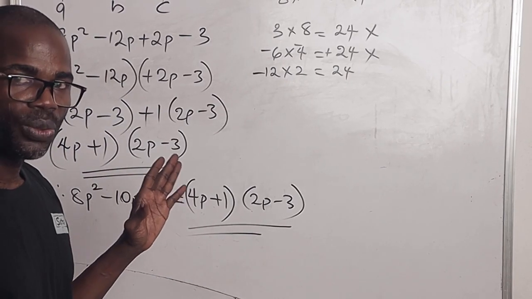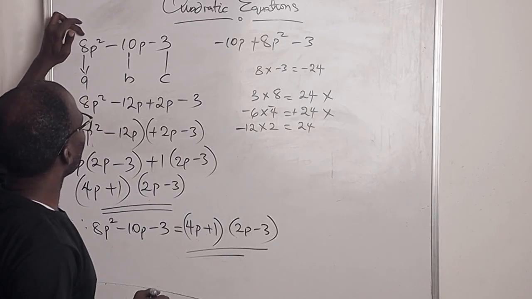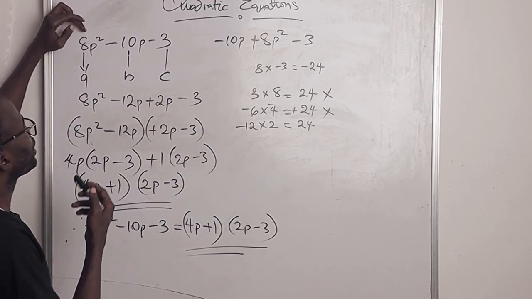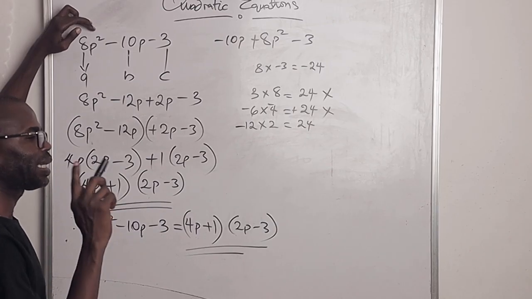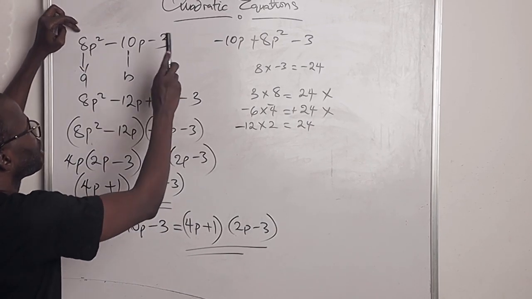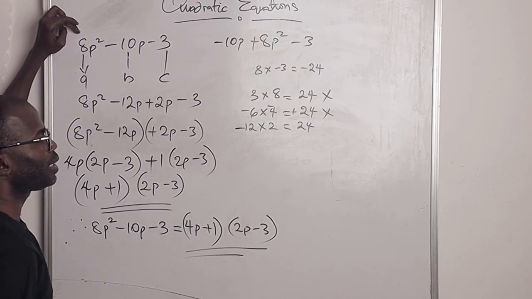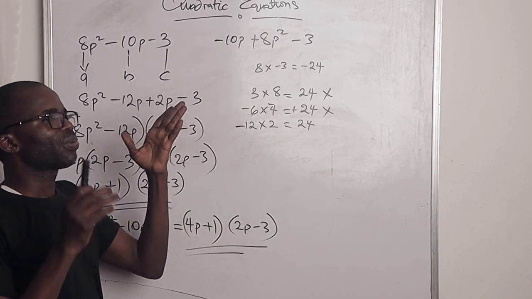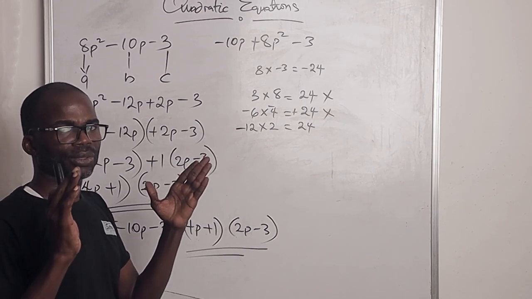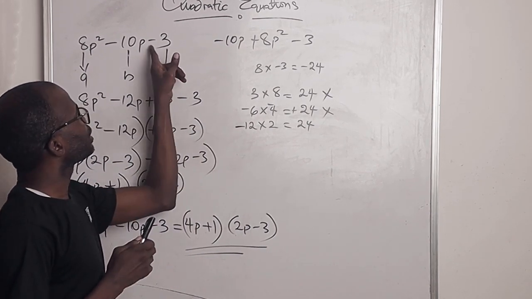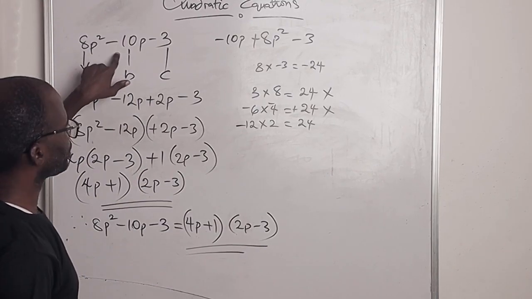So let's do a recap. Whenever you have this kind of figure where the coefficient of p squared is greater than 1, in your mind's eye, just use that coefficient to multiply a constant value. So it is what you've gotten from that multiplication that you now look for the factors that when they are multiplied will give us this, and when they are added up will give us this.